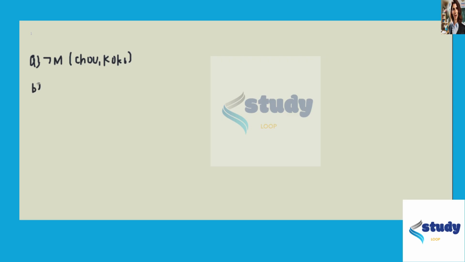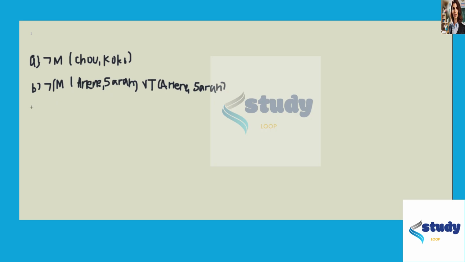For part B, never has the same meaning as not, so we can rewrite it as Arlene has not sent Sarah an email message or telephoned Sarah. So not M(Arlene, Sarah) or T(Arlene, Sarah).